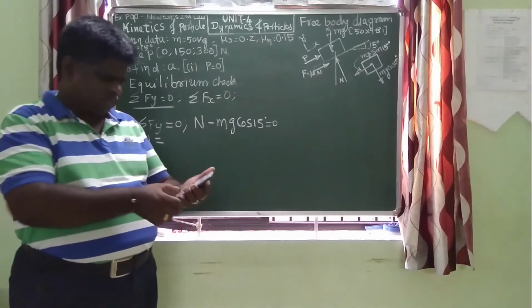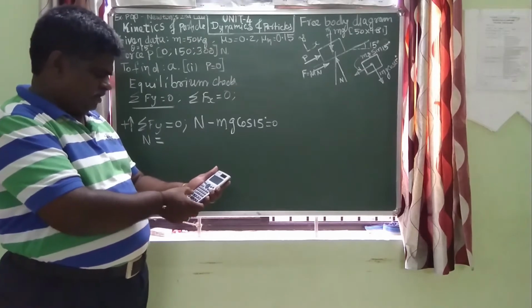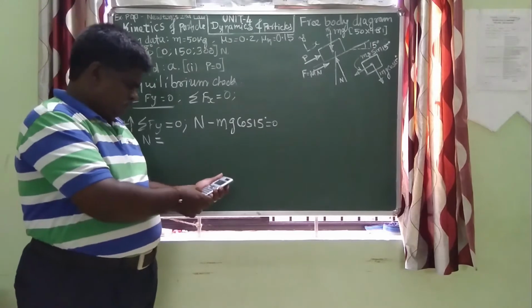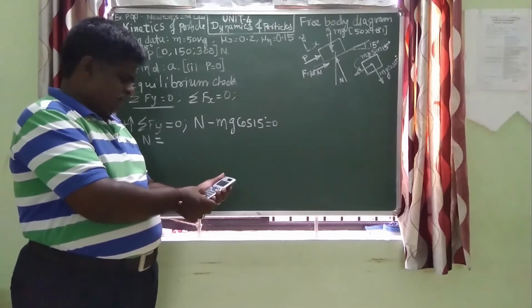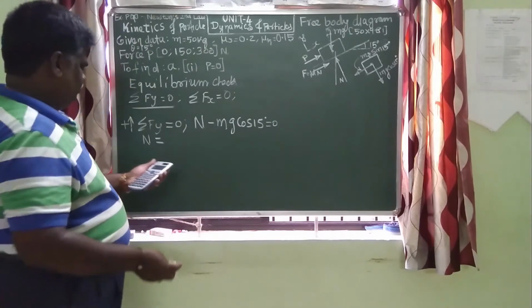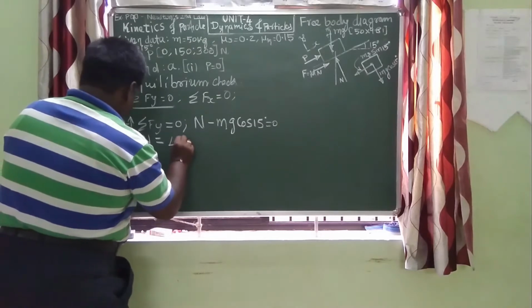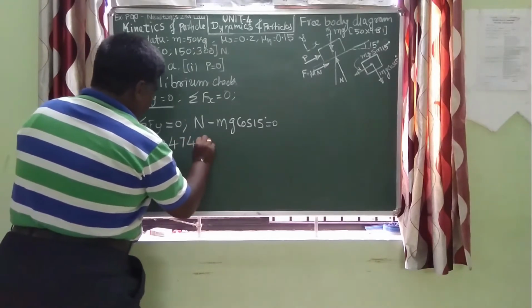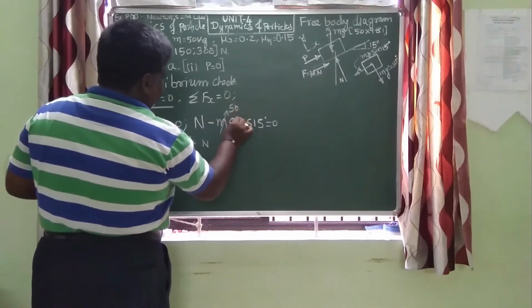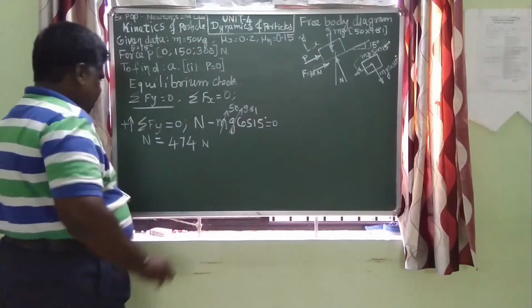Reaction force is 50 into 9.81 into cos 15 degree, that is 473.7, so 474 Newton. This m is 50 kg, this is 9.81.